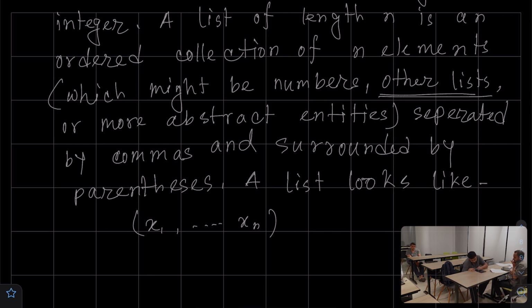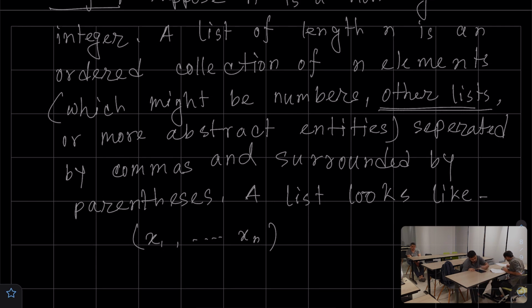And there is one thing you need to consider: a collection of n elements in a list, which might be numbers.